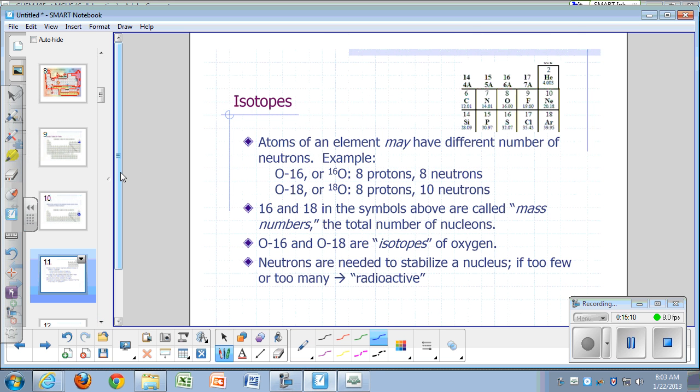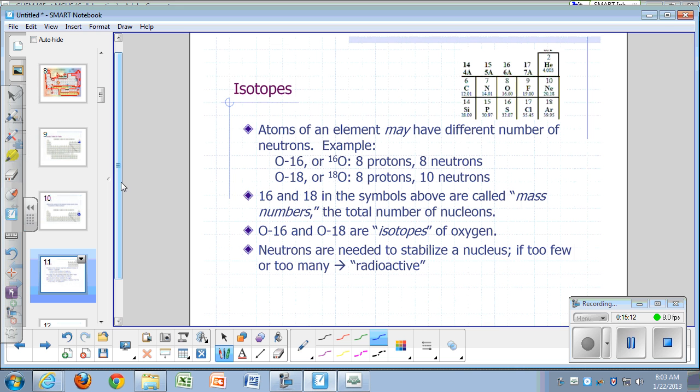All right. Atoms of an element may have different numbers of neutrons. So they must all have the same protons, but the number of neutrons that they have may be different. So for example, an atom which we call oxygen 16, O-16, or you can put a 16 as a superscript to the left of the symbol for oxygen, is an atom that has 8 protons.